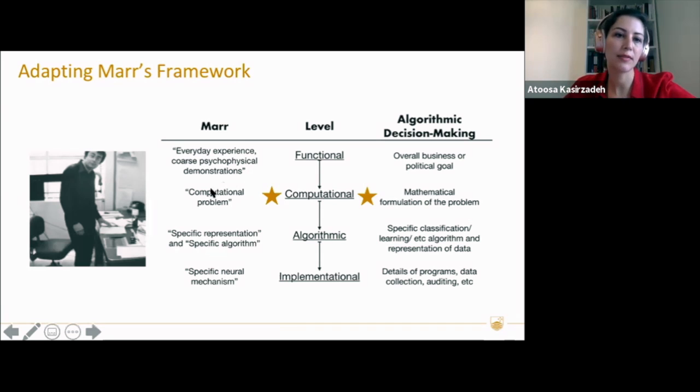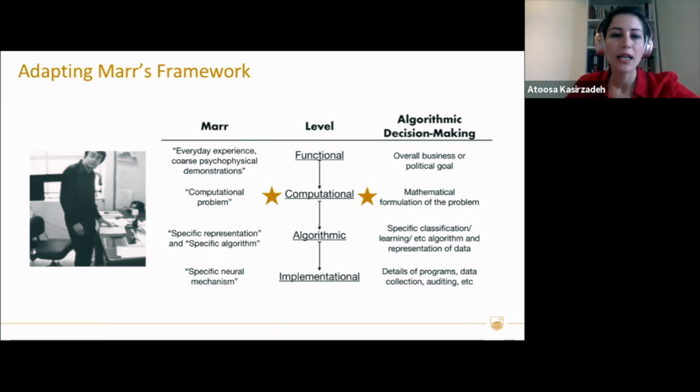So there is a very nice and clear correspondence between this level of analysis with respect to complex natural information processing systems and the algorithmic decision-making systems. Some of these computational processes are learning processes, and there the real task is to find an appropriate mathematical function from data to another function that will provide answers. And some of them, however, are more sophisticated mathematical formulations of the task you want to do.